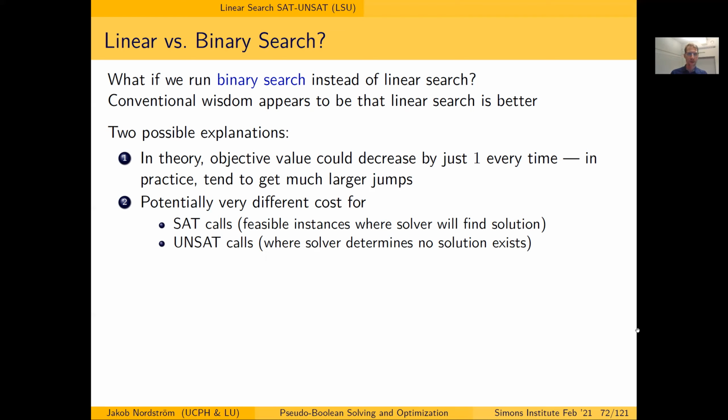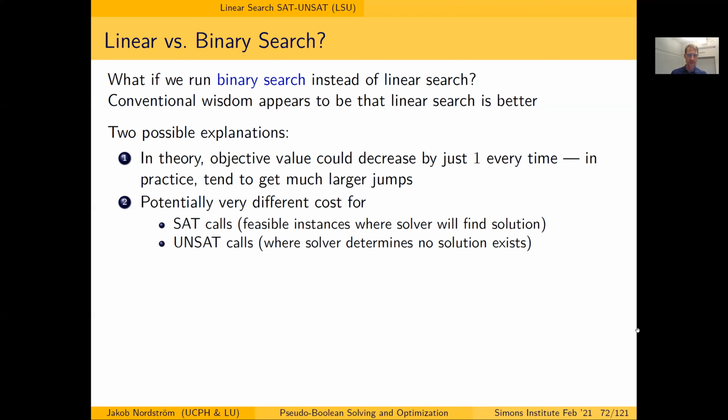Another, perhaps more important reason is that when you're doing binary search and you're using a SAT or pseudo-Boolean solver as an oracle, not all calls to this oracle have equal cost. Because some of the calls will be for satisfiable instances where you just want to find a solution that is better than the solution you already have, but there is such a solution. And then some calls will be unsat calls, which is where the solver determines that you're asking for an objective function value that is too good to be true.